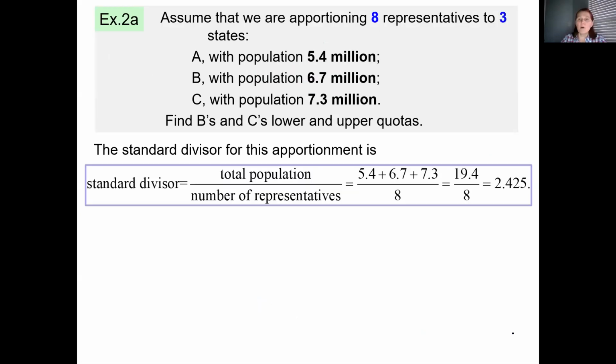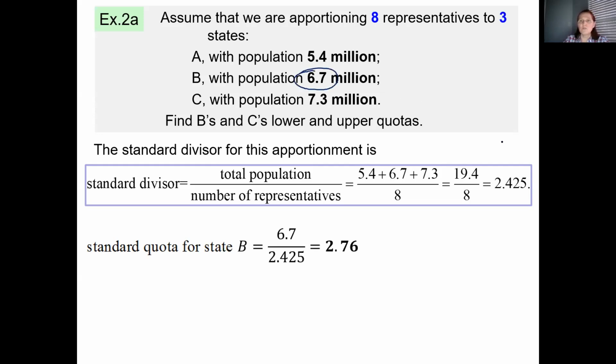Let us find the lower and upper quotas for B and C. First, the standard divisor is the same, 2.425. For the standard quota for B, we divide the population of state B, 6.7 million, by the standard divisor, and it is approximately 2.76. If we round it down, we get the lower quota, 2.